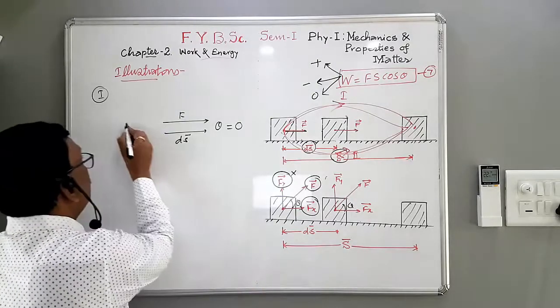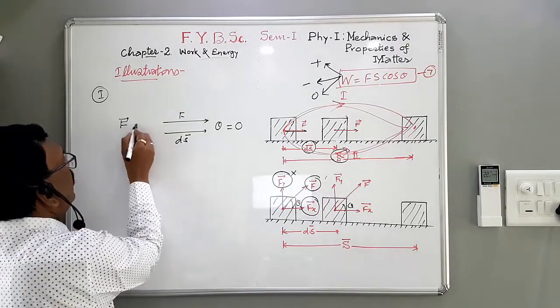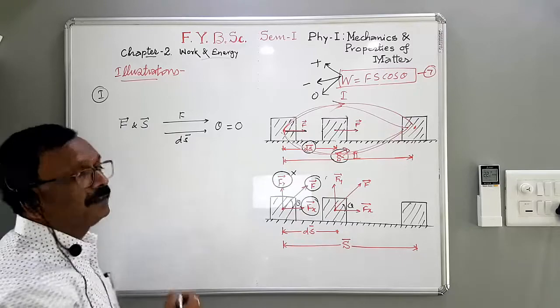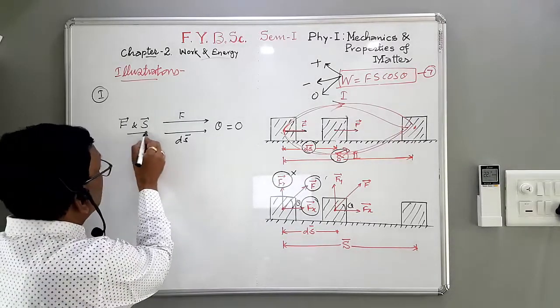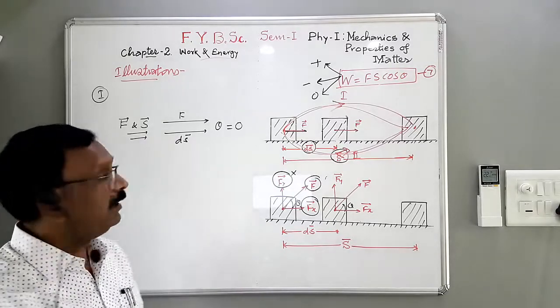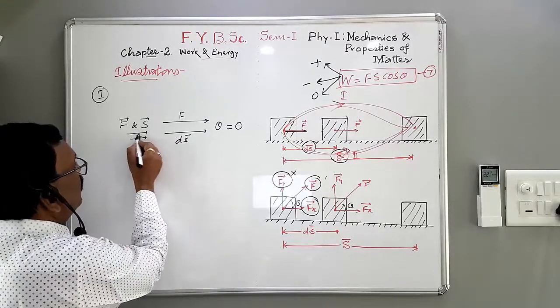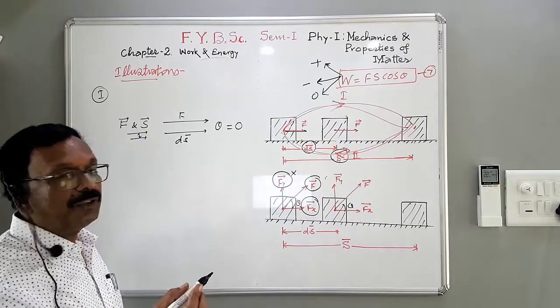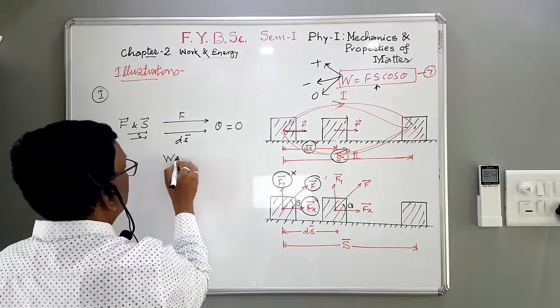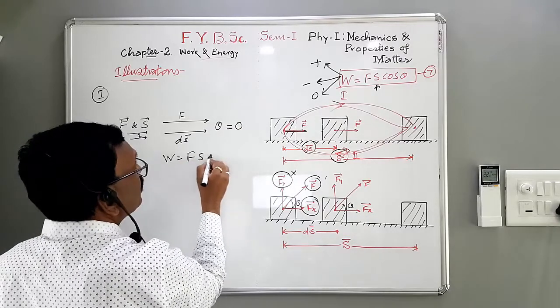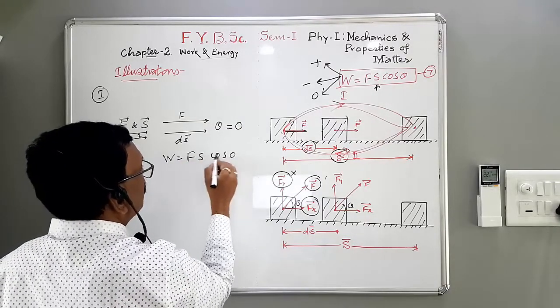In this illustration, if vector F and vector S or ds are in the same direction, what happens? The angle between them is 0, that is theta is equal to 0. And when theta is equal to 0, from this equation W is equal to F S cos 0.